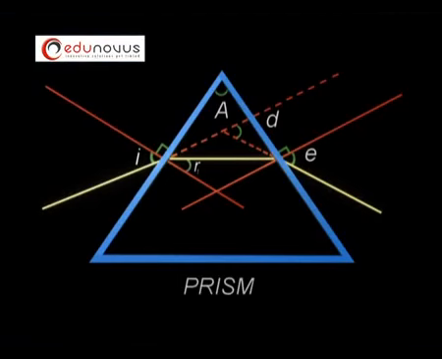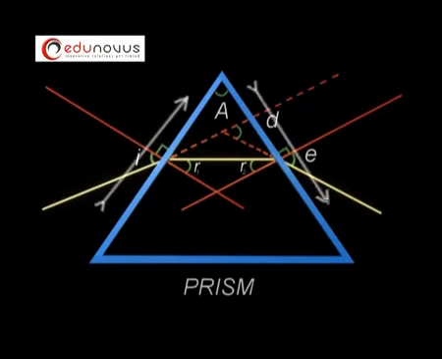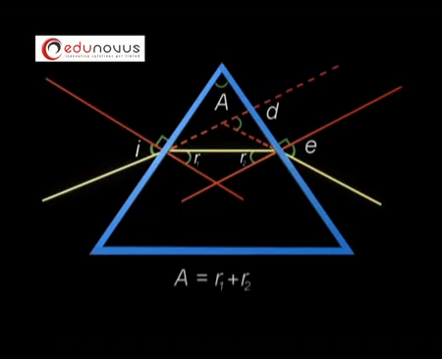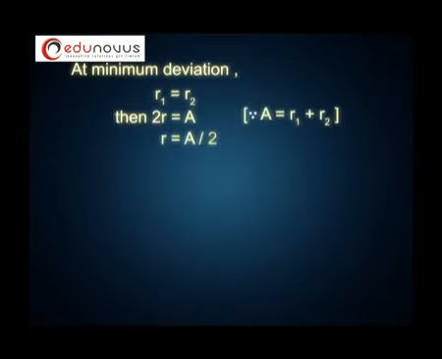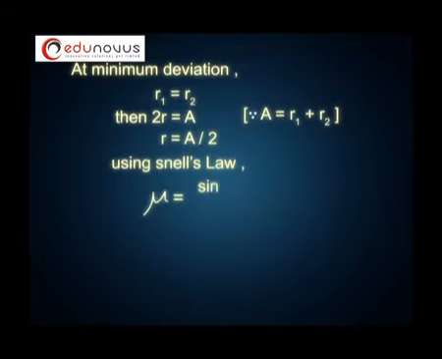If r1 and r2 are the angles of refraction at the two refracting surfaces, then angle of prism A is equal to r1 plus r2. In the minimum deviation position of the prism, r1 is equal to r2. Then 2r is equal to A and r is equal to A by 2. Using Snell's law, mu equal to sin i by sin r.